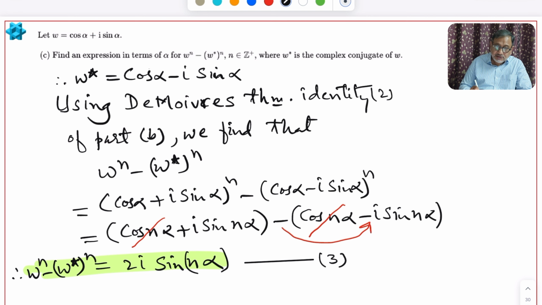So in this result, 2i sin alpha, w to the power n minus, let me copy this part. In this part we are substituting.